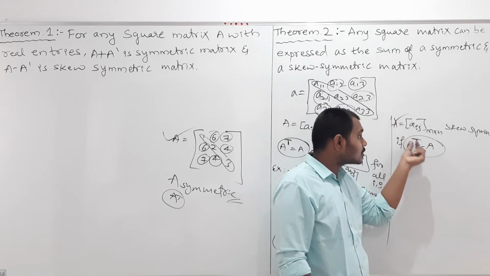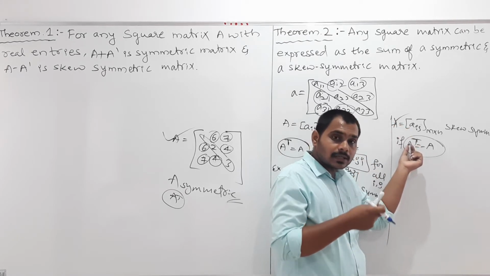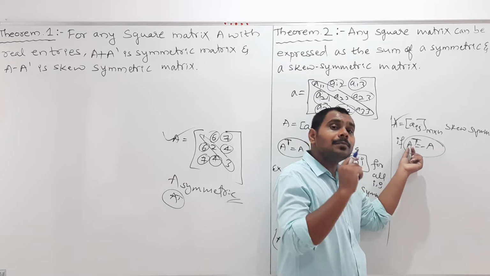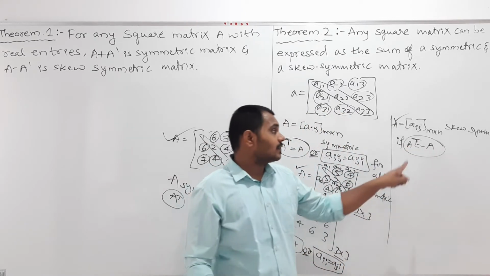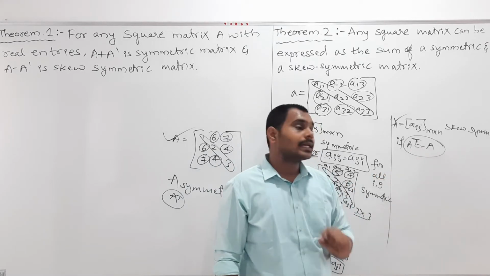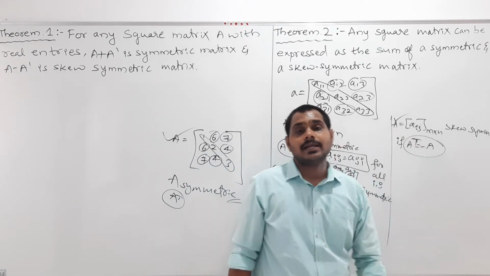After taking the transpose, whatever matrix I obtain must be equal to minus A, negative of A. If this condition satisfies, then you can say that A is a skew symmetric matrix.